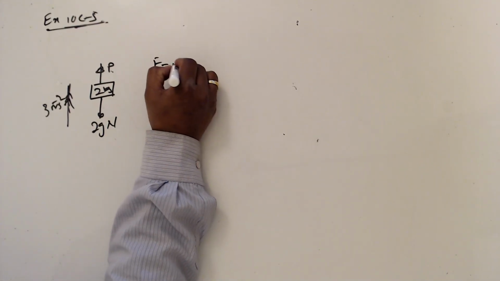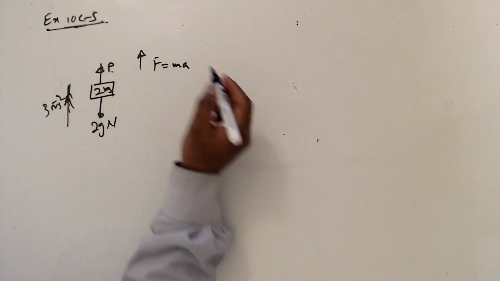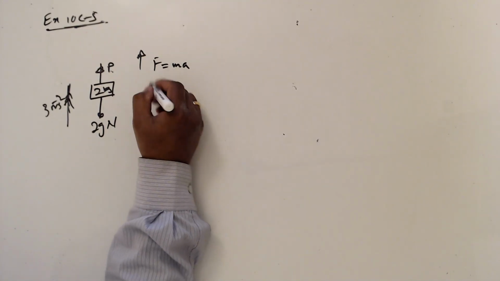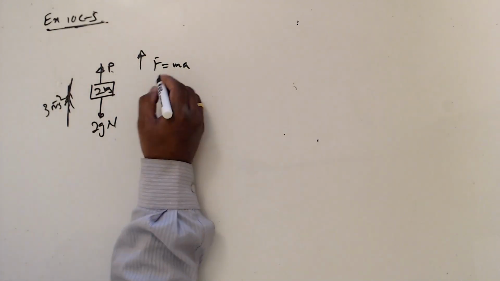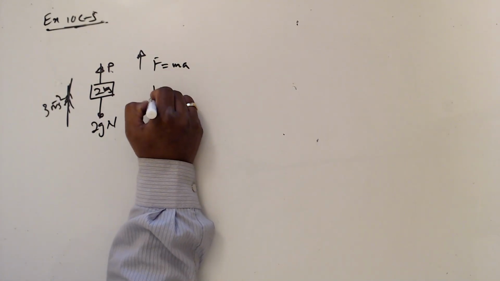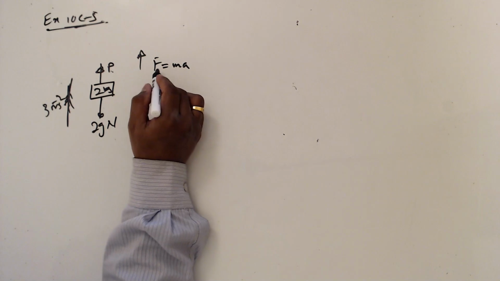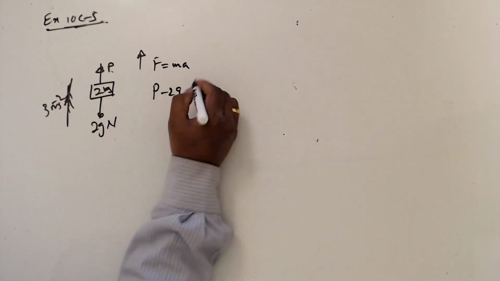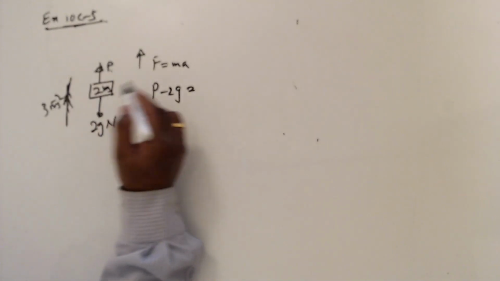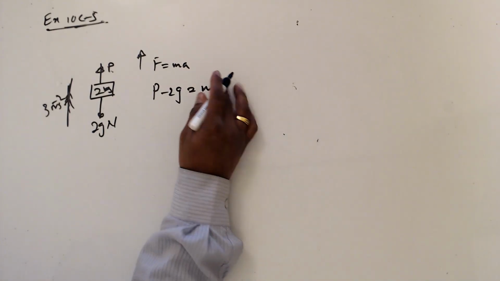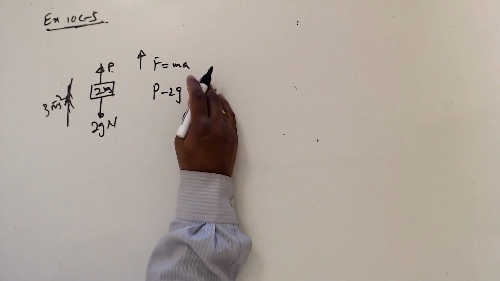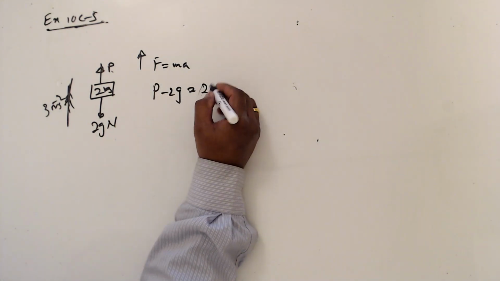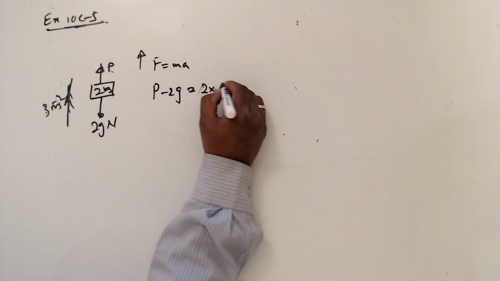So F equal ma, we have to put upward or downward. You can put any direction, but I will put upward because it is the moving direction. So the force on this side, P is there, then negative 2g equal m times a. We know that m is 2, and acceleration is 3.